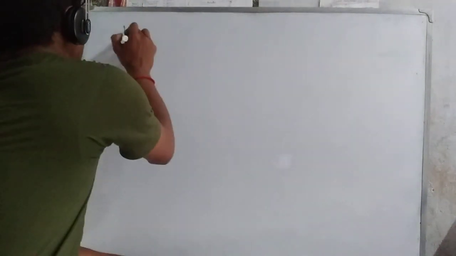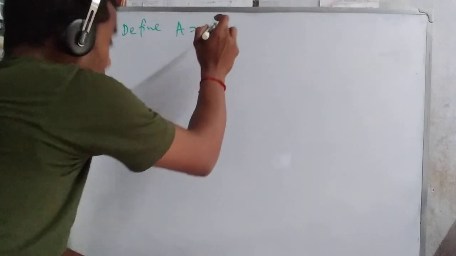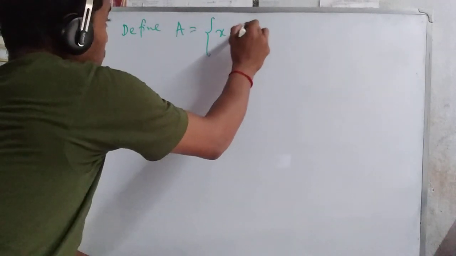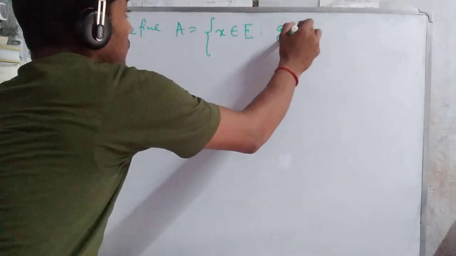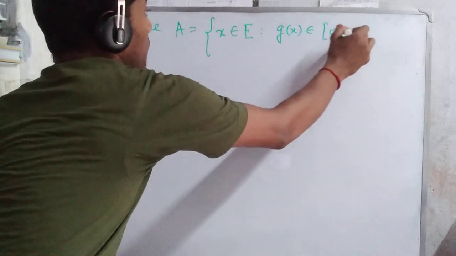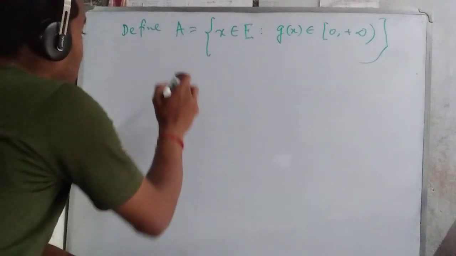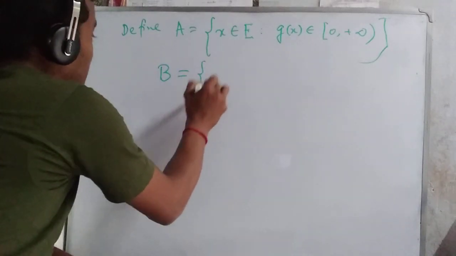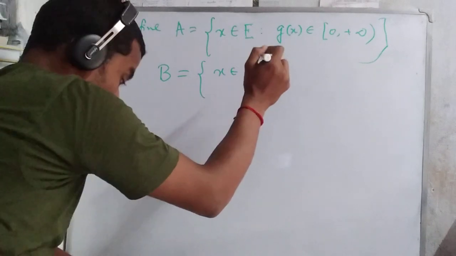Now we define some a equal to what? A equal to x belongs to E such that gx belongs to closed 0 plus infinity. Okay. And b equal to what? B equal to x belongs to E. Okay.